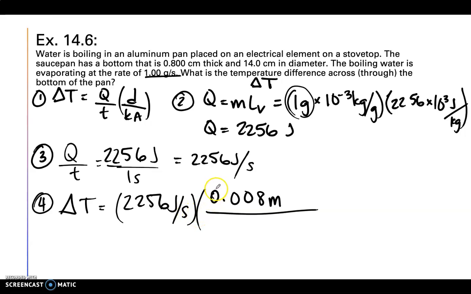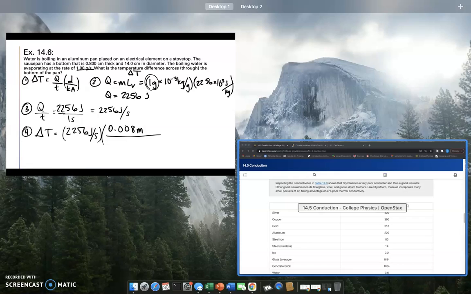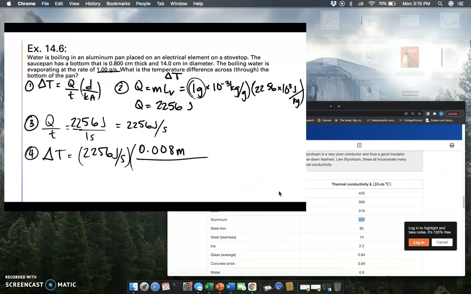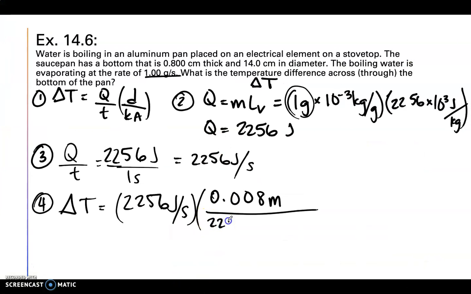And k for aluminum, we can go back over here and look for aluminum. It's going to be 220. That's our thermal conductivity, 220 joules per second meter degrees C. And our area. Let me say this is our diameter. Remember that we're looking at a saucepan, so basically a circle.